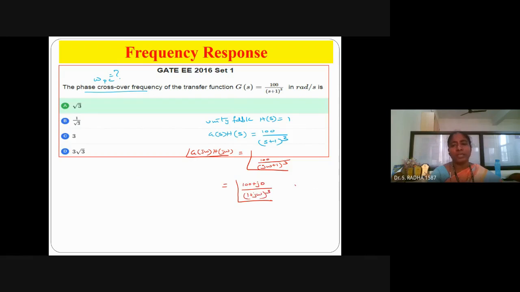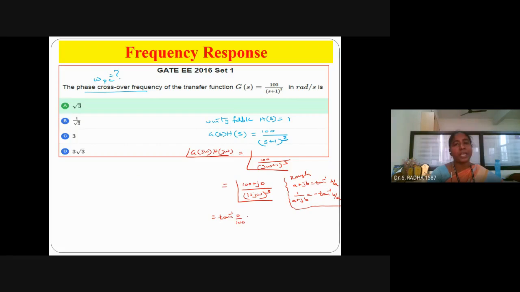We know that for a + jb, the angle is plus tan inverse of imaginary by real, and if 1 by (a + jb) is there, for the denominator factor we have to take minus tan inverse of imaginary by real. These are the formulas for angle calculation. Now I will apply that. For the numerator 100 + j0, it is tan inverse of imaginary by real.